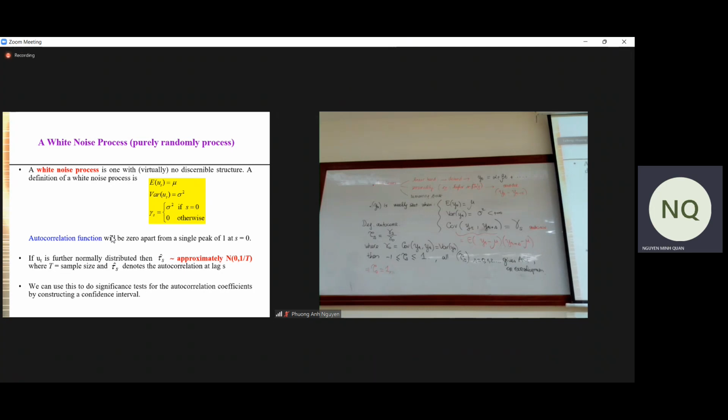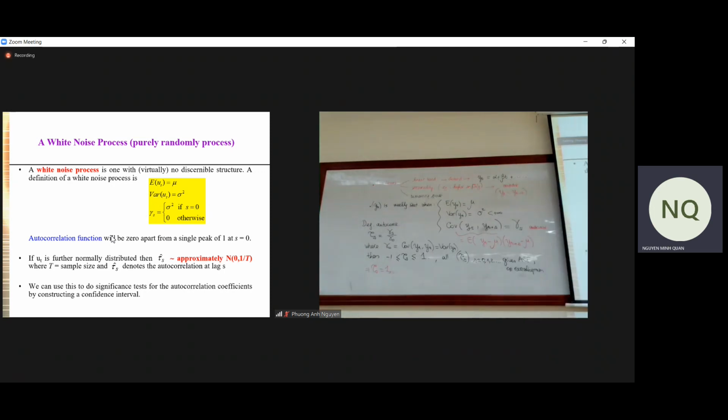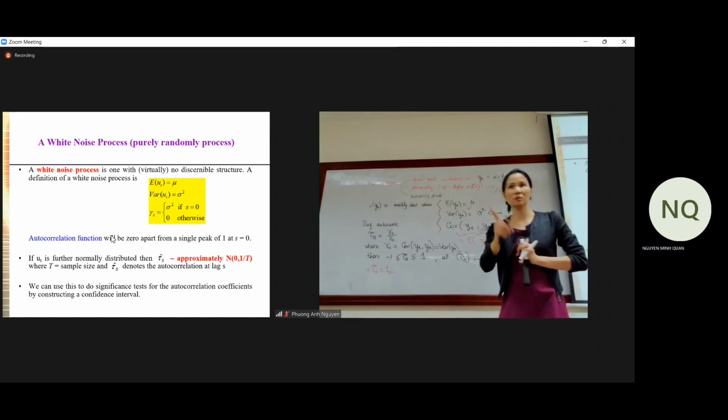Imagine that later on you have a model, so you get the error terms. Again, you need to check the diagnostic test. You want to check that the error terms follow the white noise process. In this case, we check if tau s is equal to 0 or not. By definition, the white noise process will have tau equal to 0.